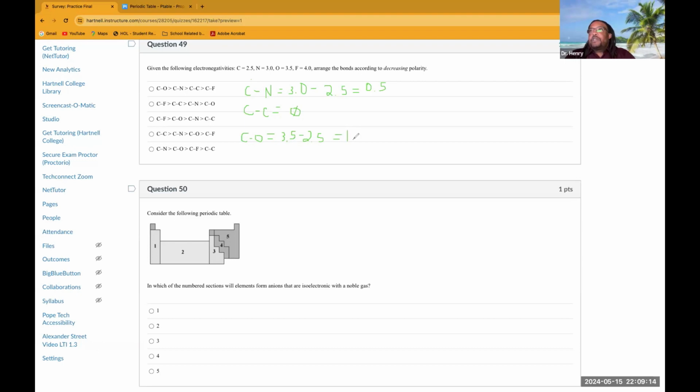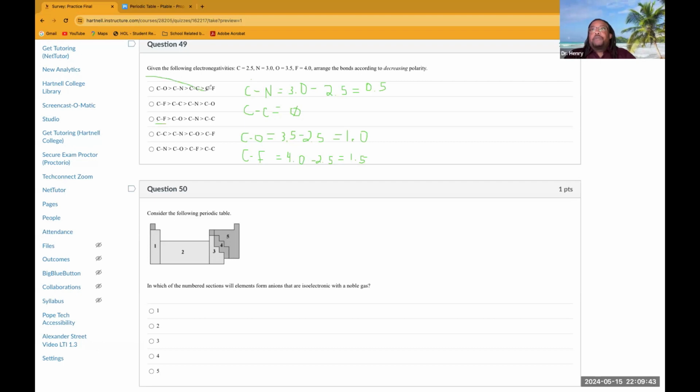So that's going to be 1.0. And then we have C-F, which is 4.0 minus 2.5, and that's going to be 1.5. The 1.5 is a larger value, so you're going to have more polarity there. So it's going to go C-F first.